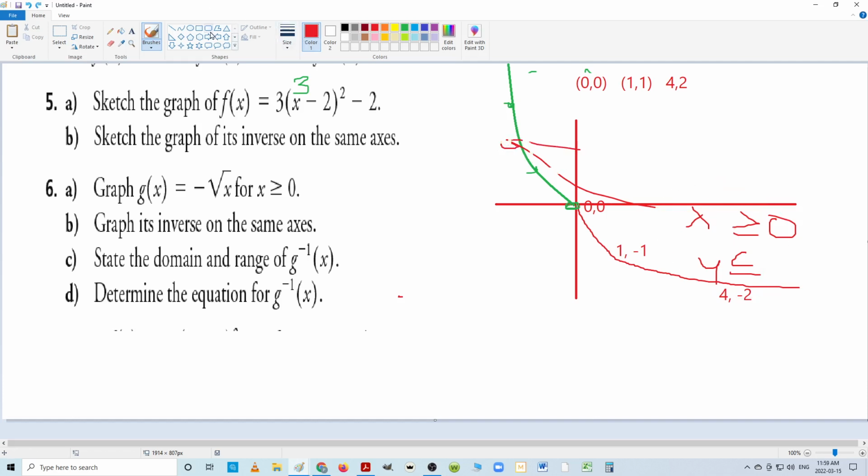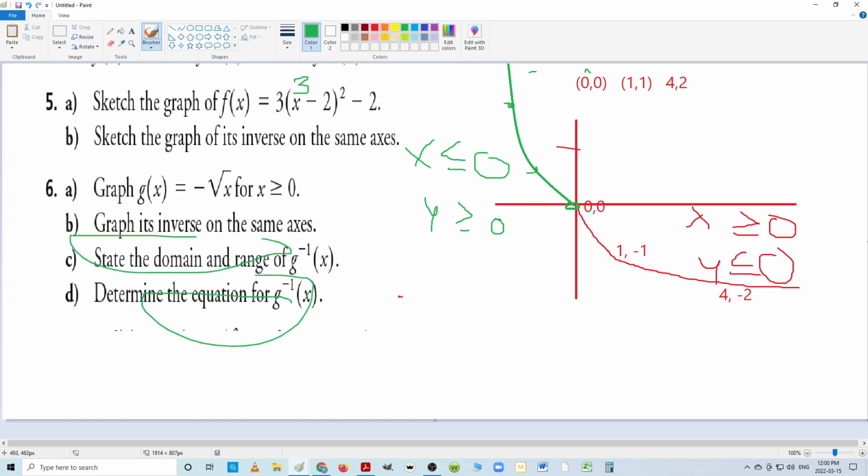For this one over here, in green, the domain is x is smaller or equal to 0, and y is bigger or equal to 0. So notice this domain became this range, and this range became this domain. And it matches the graph.